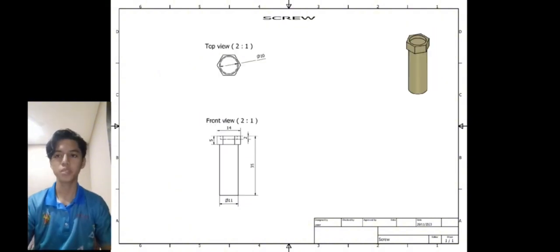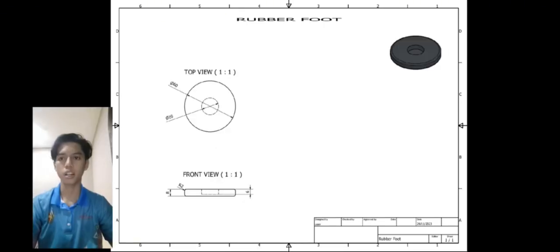The next part is a screw which has 35 millimeters for the total height, while only the shaft is 30 millimeters. After that is rubber foot. The rubber foot will play its role as a leg of the machine to avoid the bottom cover from touching the floor and make it very easy to lift up the machine if it needs to move somewhere else.